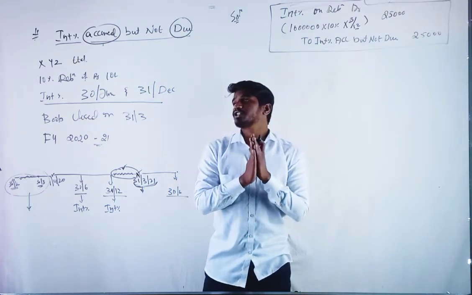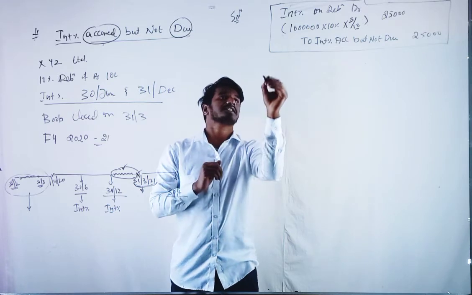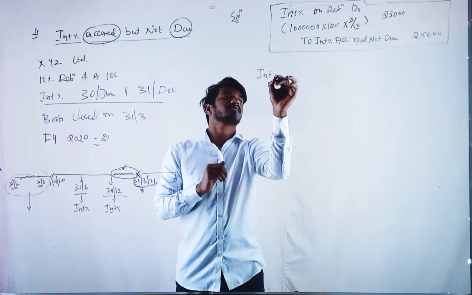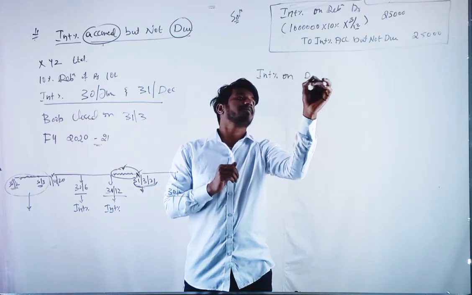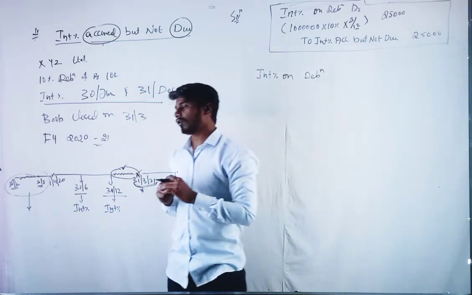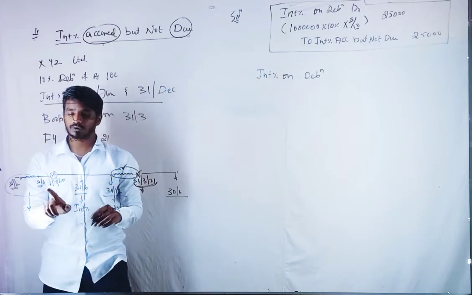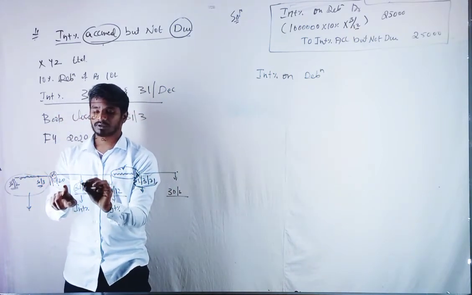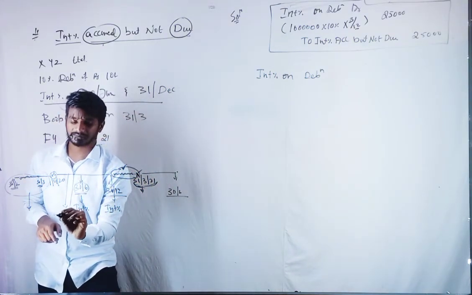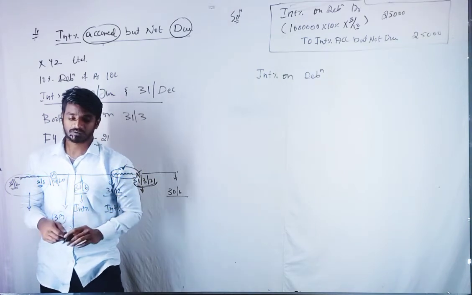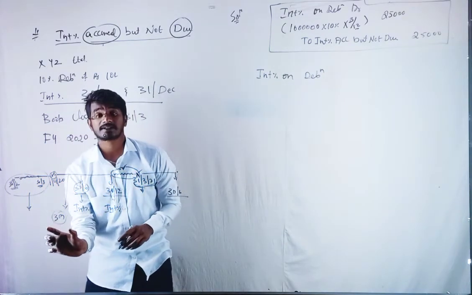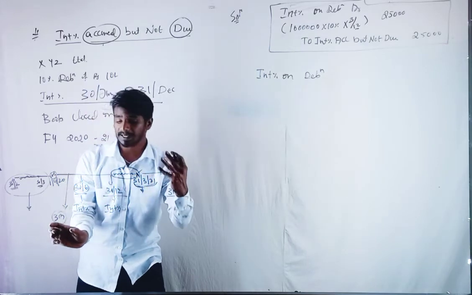Now the actual solution starts. Interest on debenture for the current year. 1/4/22 to 30th June. How many months are there? There are 3 months. For these 3 months, we should pay the interest, right?